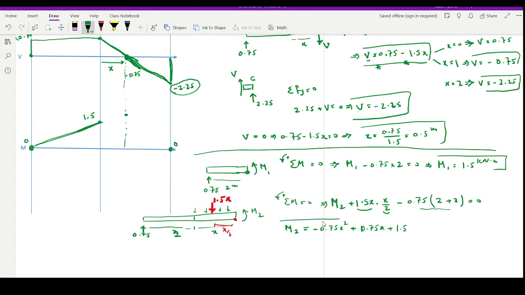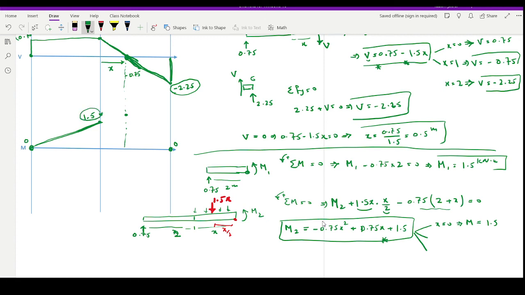So this is my M. The same way that we did above, we are going to put some values for x from 0 all the way to 2, because it's acting from 0 to 2, and find M. So if x is 0, you look at this equation, M is going to be clearly 1.5. This matches with what we had in here.